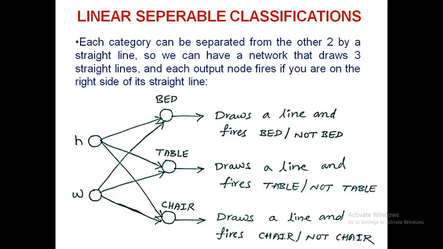For example, for bed, height should be less and width should be more. If you provide the corresponding height and width, and by adjusting the connection weights, you can get the proper classes. If you take the table or the chair, the corresponding classification will come according to the height and width. So, single layer perceptron. Thank you.